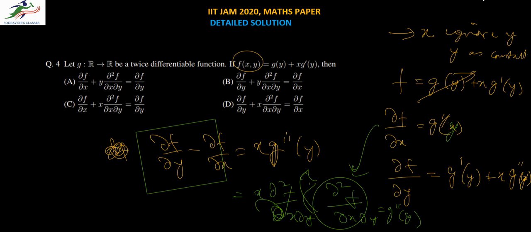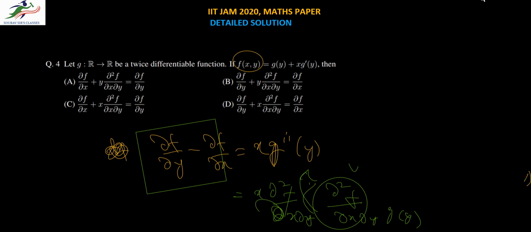So what we get is x del square f del x del y is equal to del f del y minus del f del x.